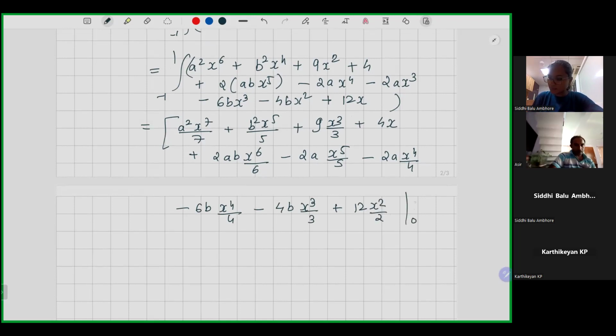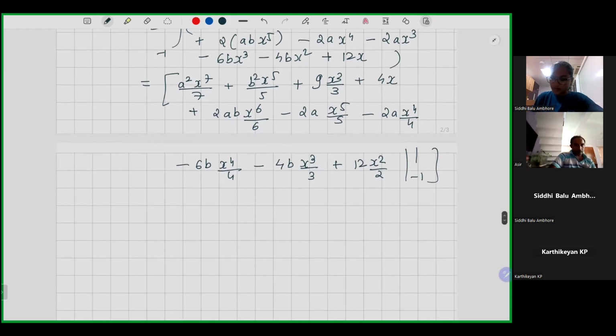This entire thing runs from -1 to 1. So wherever there are odd degrees, it goes to 0.